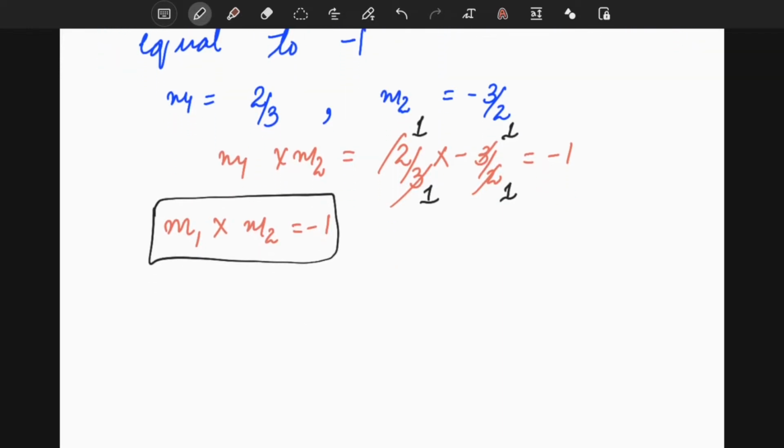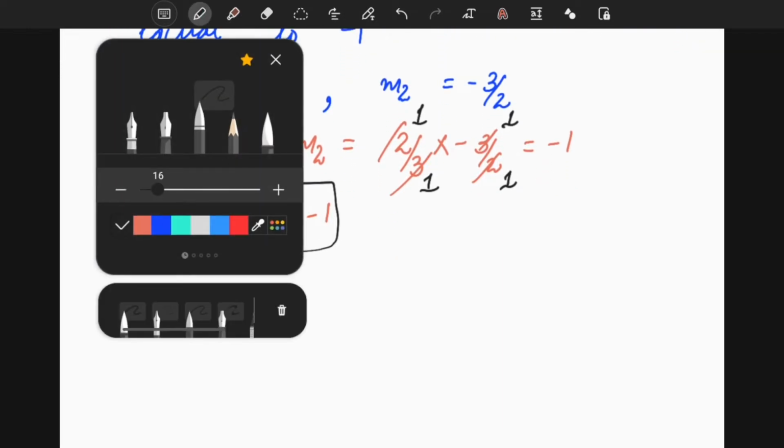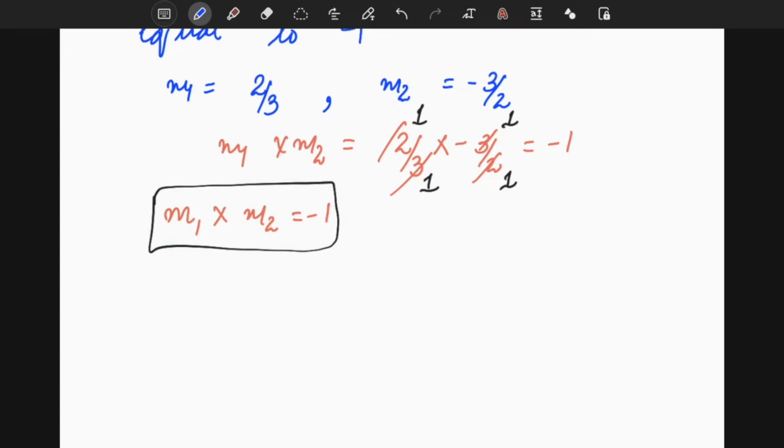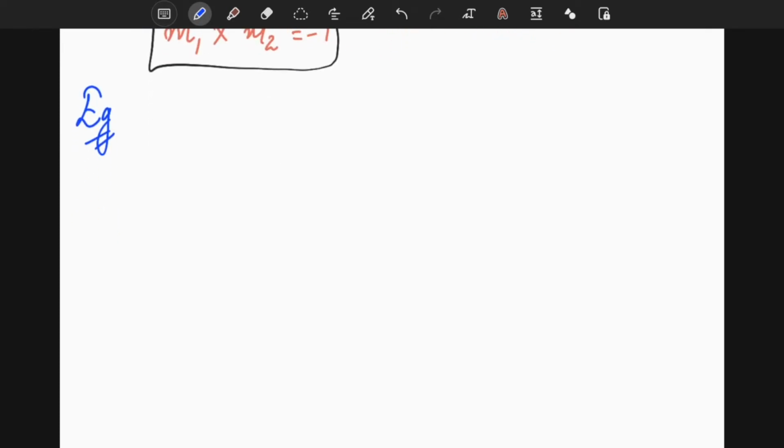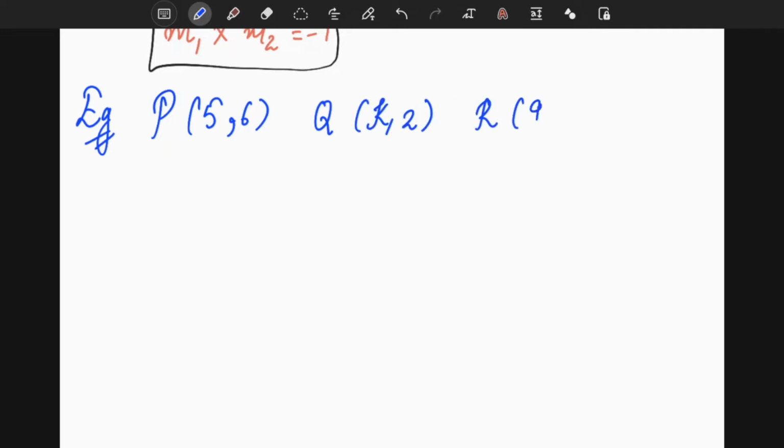Okay, let's start with one question. After doing this question, then it will more clear to you. Like we have one question. We have 3 points, point P 5, 6, Q, K, 2, and R 9, 1 are 3 points.